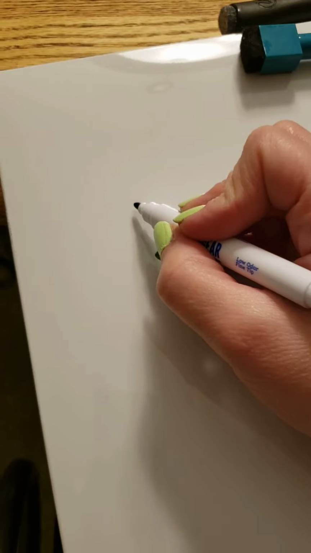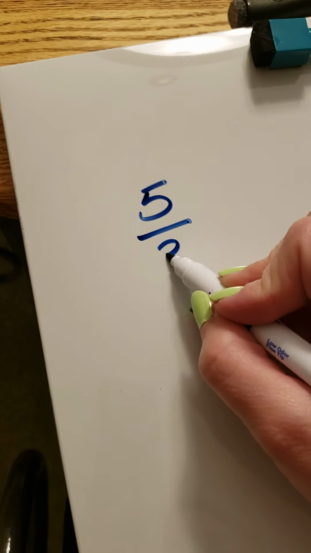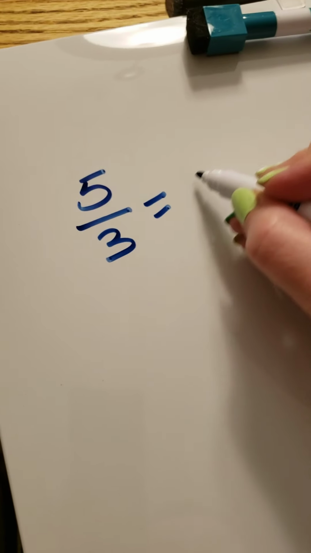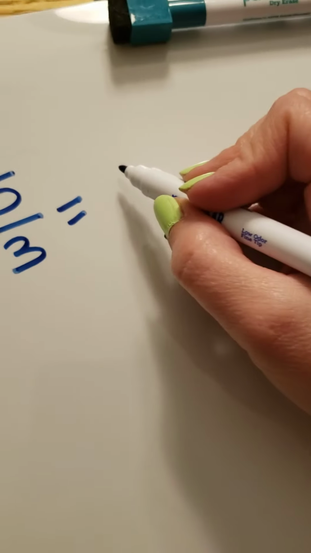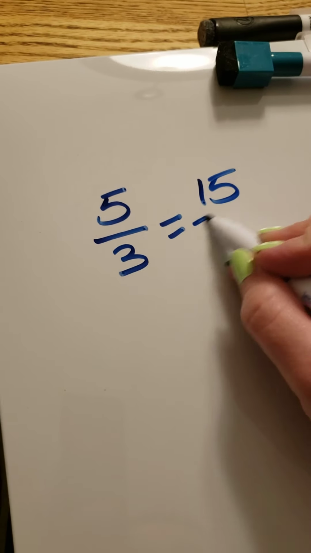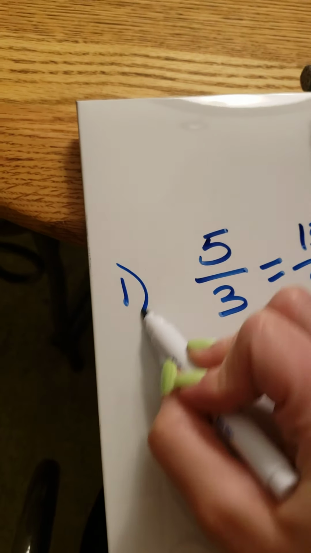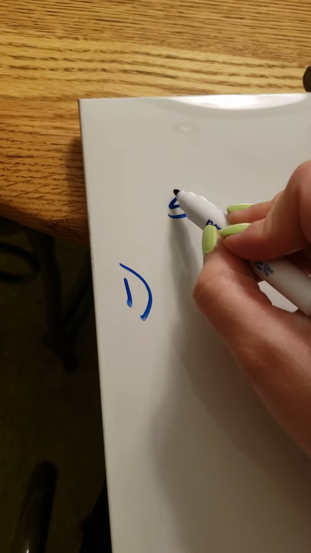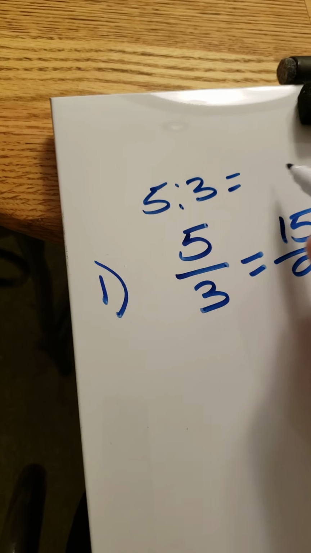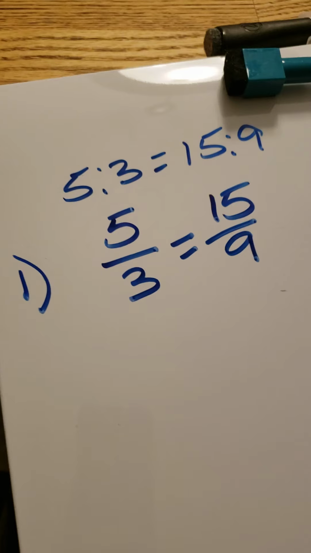So I am going to write these in the form of a fraction, just lining them up in fraction form instead of a ratio. Whatever's read first will go on top. So this is exactly what number 1 states. I just lined them up instead.